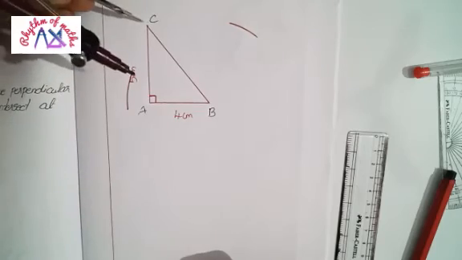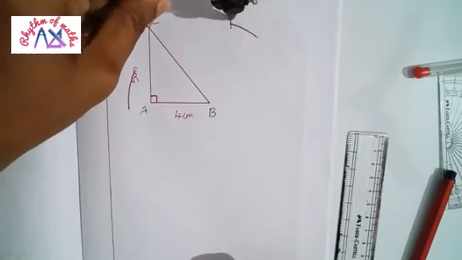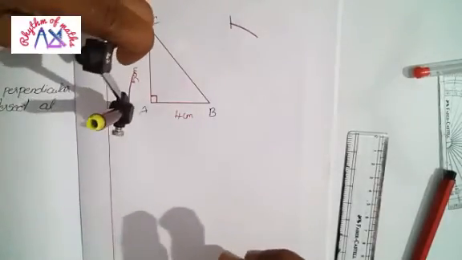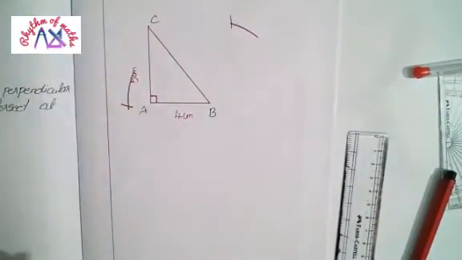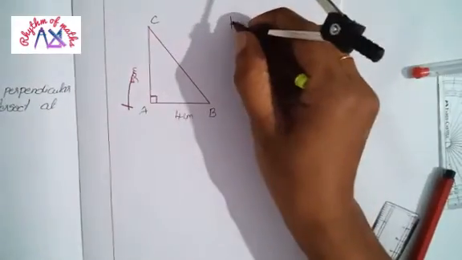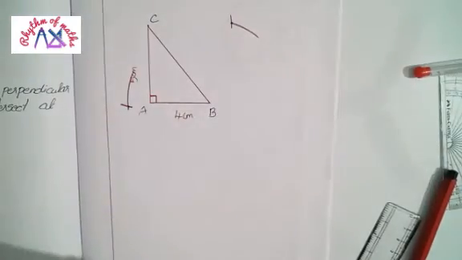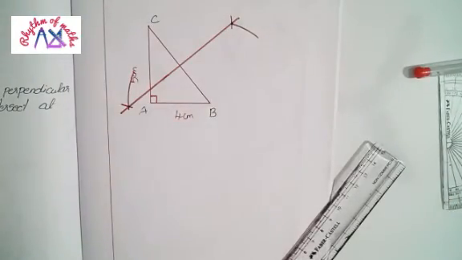Without changing the measurement, draw another 2 arcs from the second point. Okay, draw 2 arcs on the 2 sides, upper and lower. So after drawing the arcs, you will get 2 points here and here. Just join these 2 points. So this is the perpendicular bisector of the line BC, one side.